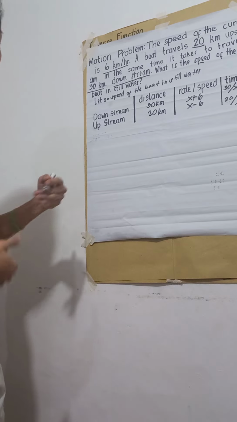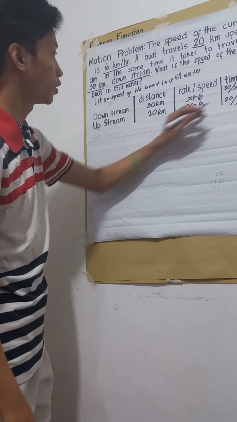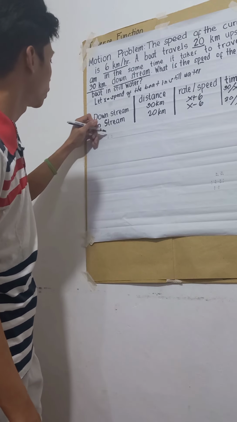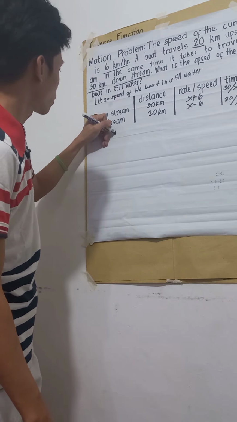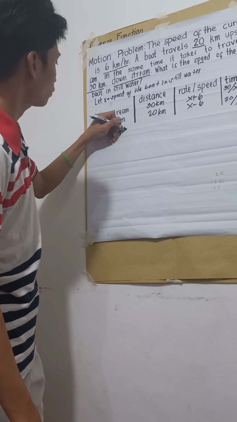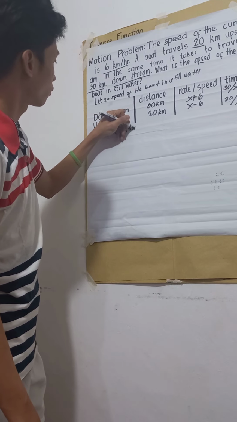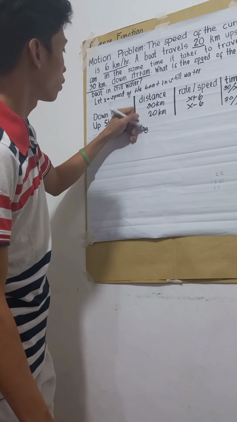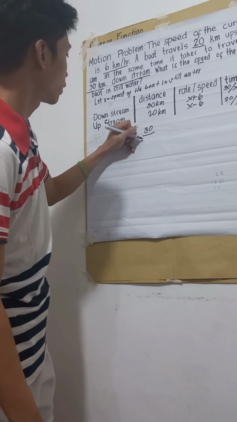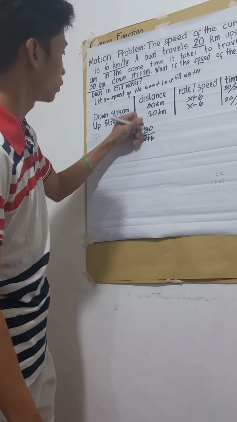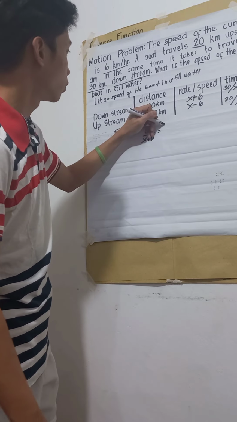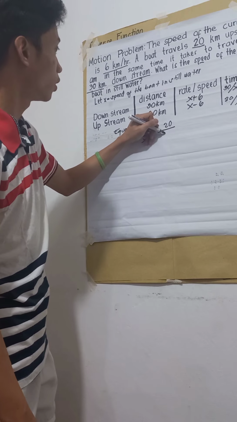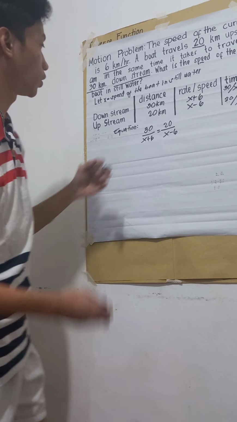So next, we're going to make an equation. This is our equation: 30 over x plus 6 equals 20 over x minus 6.